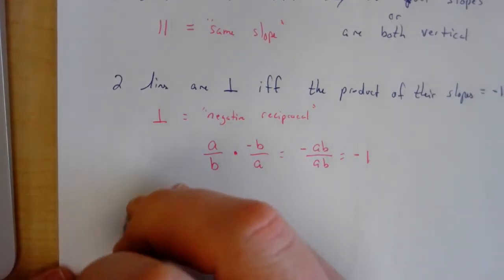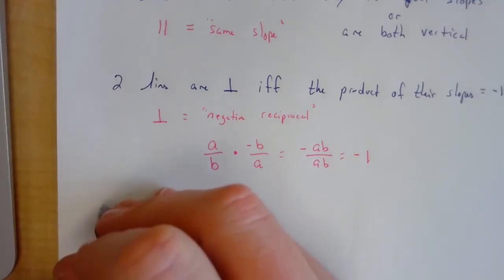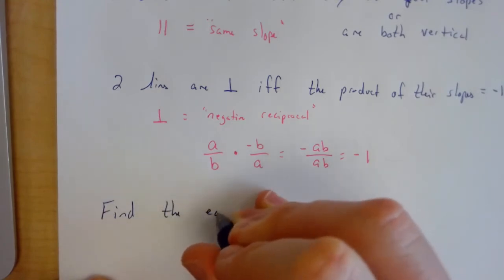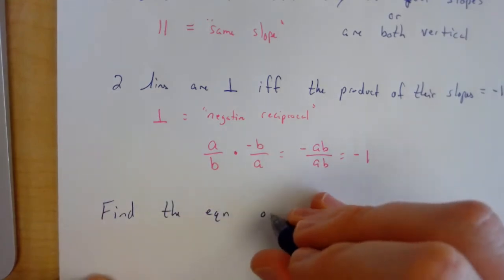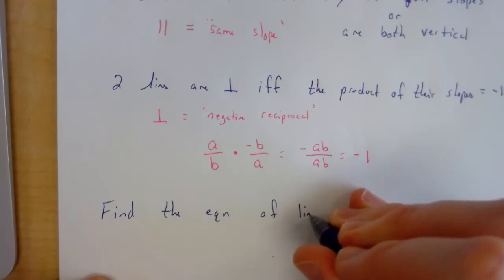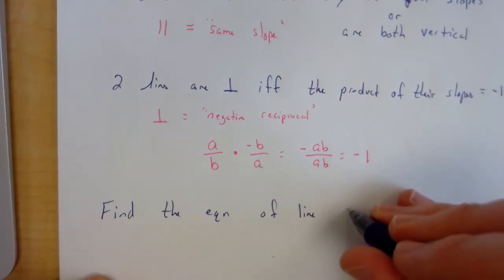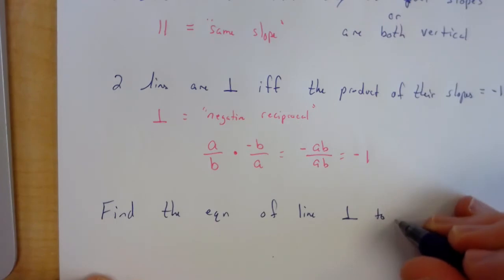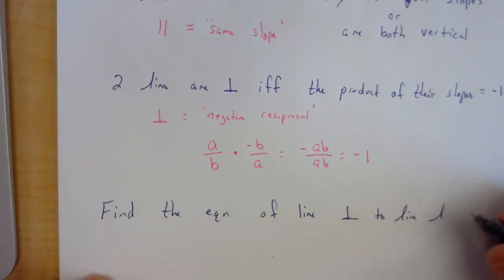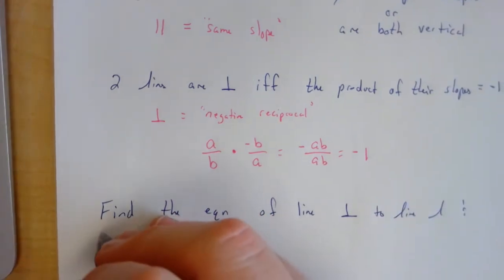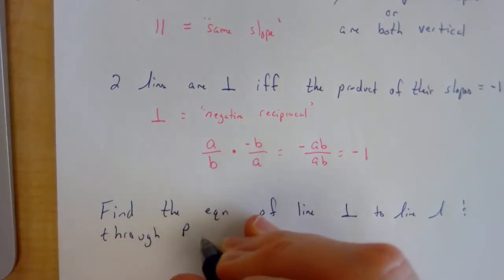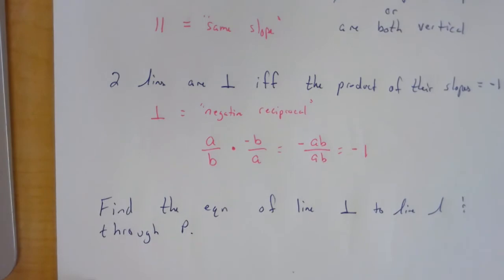Which are going to say something like, find the equation of line perpendicular to line L and through point P. All right, so that's what the directions will say.